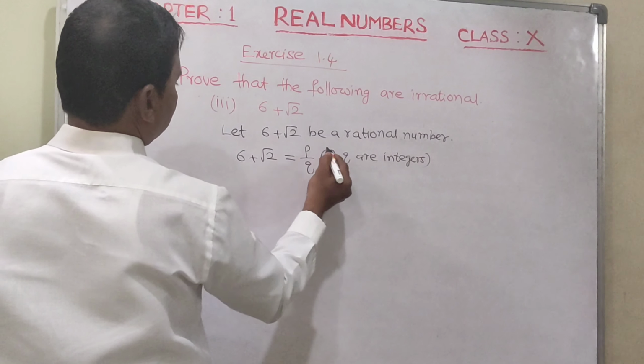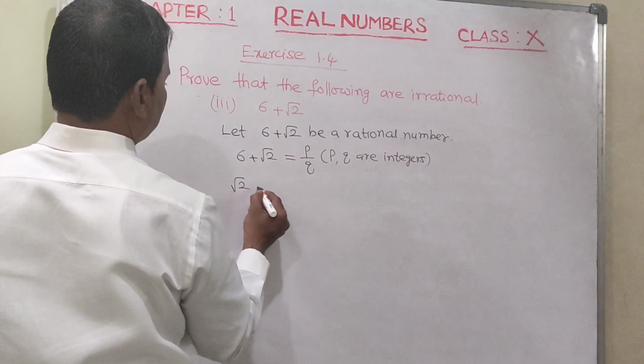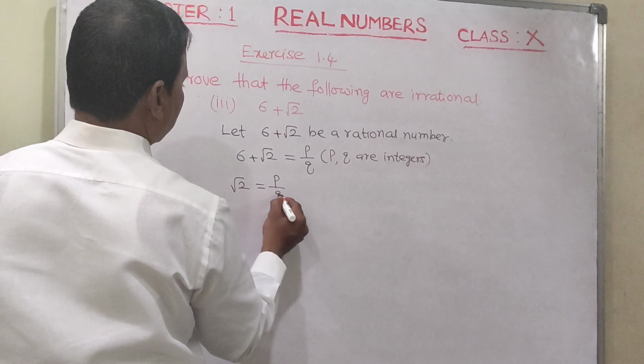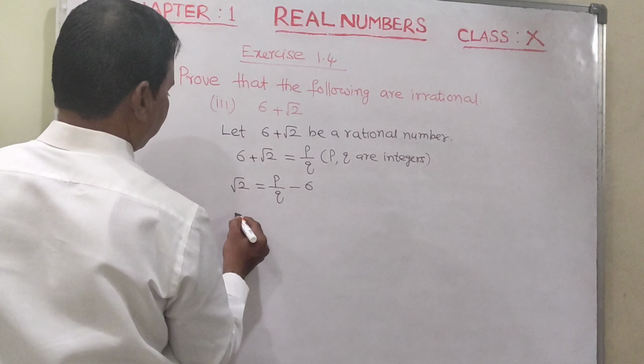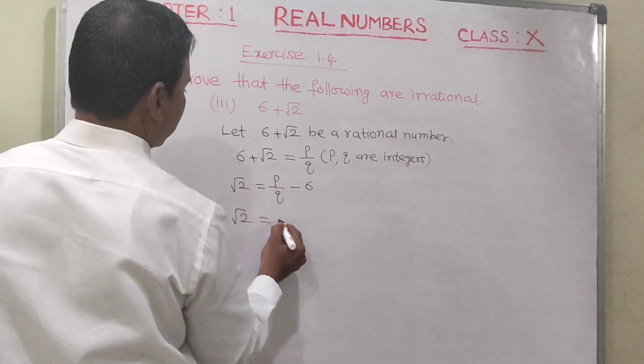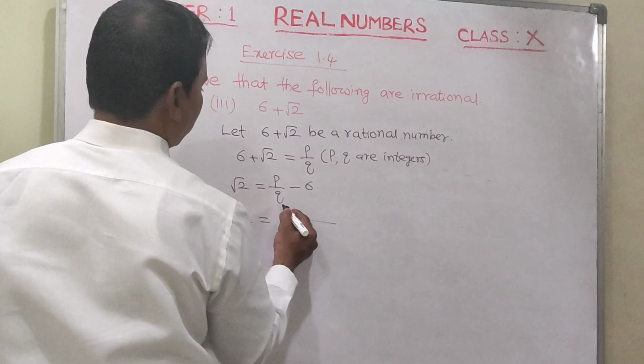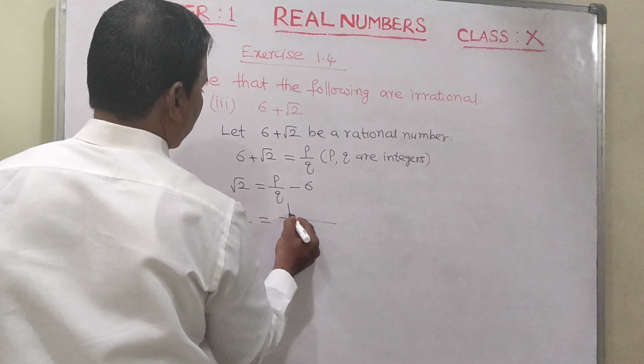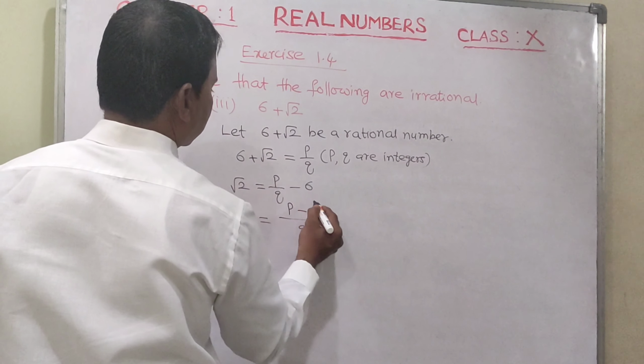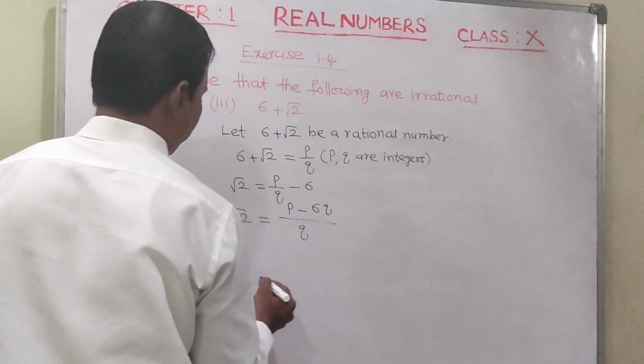If you take 6 to the other side, root 2 equals p by q minus 6. Root 2 equals, taking the LCM q, (p minus 6q) by q.